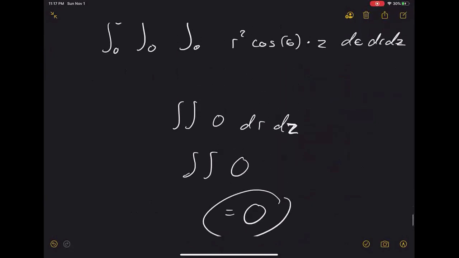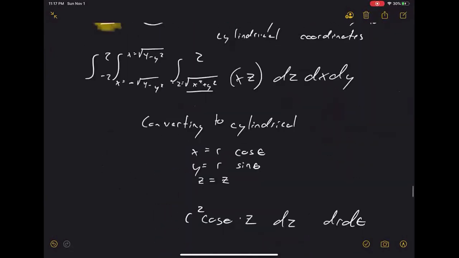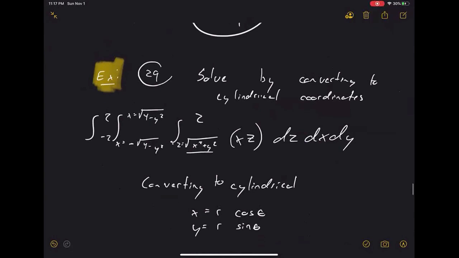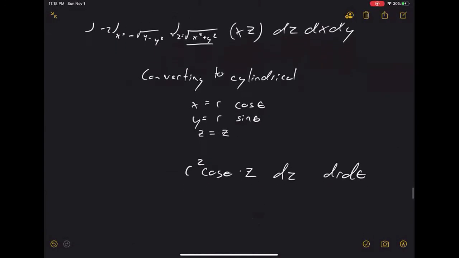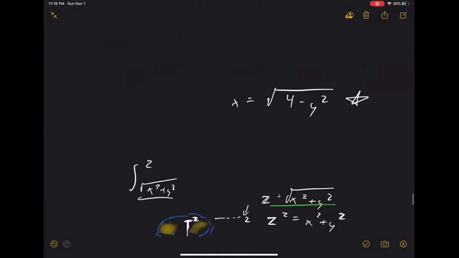So we're done. This one was difficult. This conversion of Cartesian to cylindrical coordinates can be a little difficult when they give you these bounds and you have to reconstruct what the region is and then write that in polar coordinates. That's why I wanted to include this example.